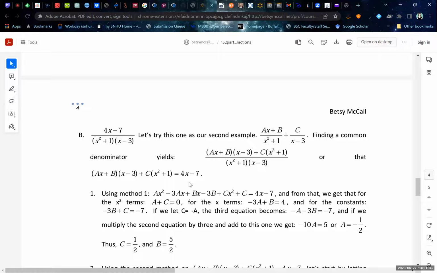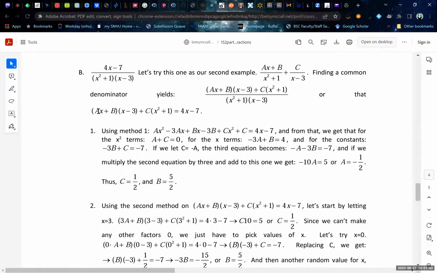And again, using our first method, we would FOIL all of this out. We get this. And then we combine the coefficients for the individual components. So we have an x squared, a x squared plus c x squared. There's no x squared over here, so that has to be equal to 0.